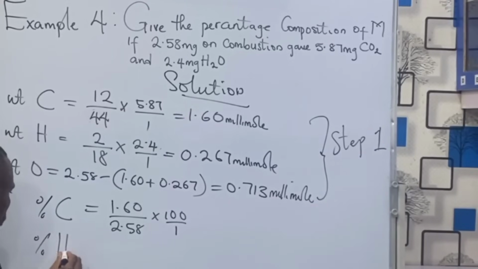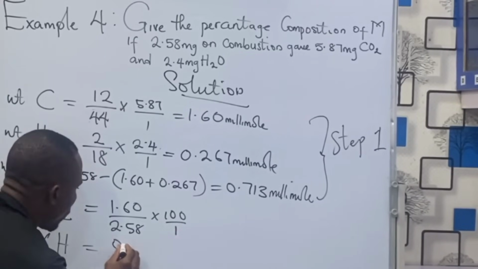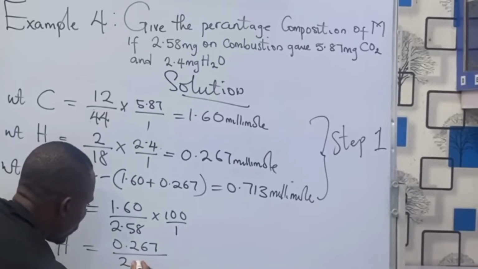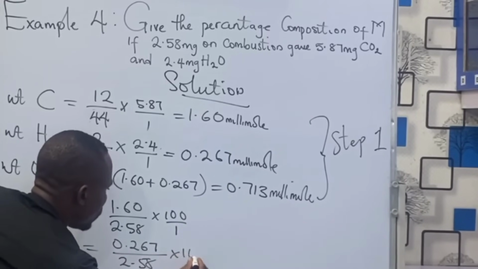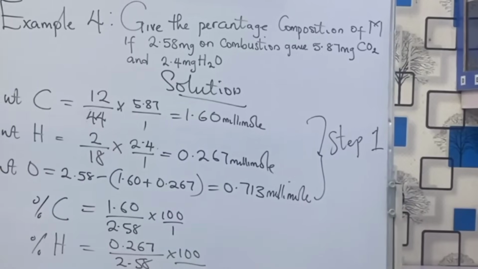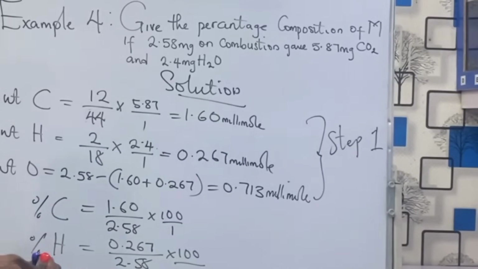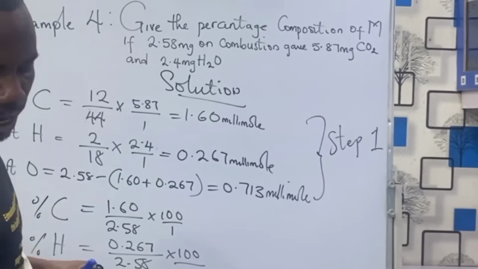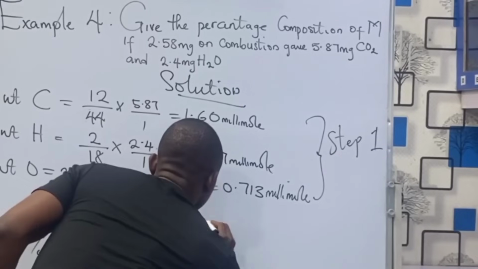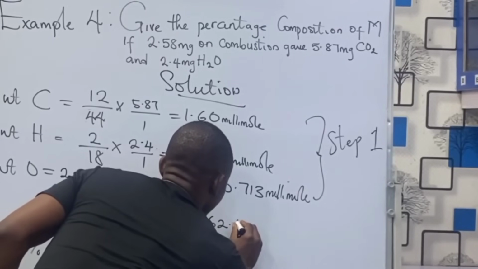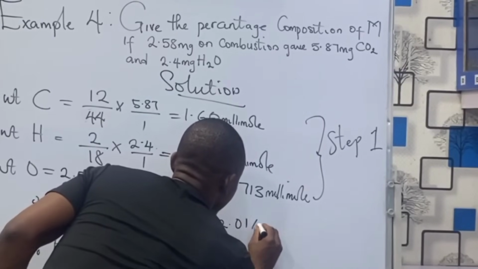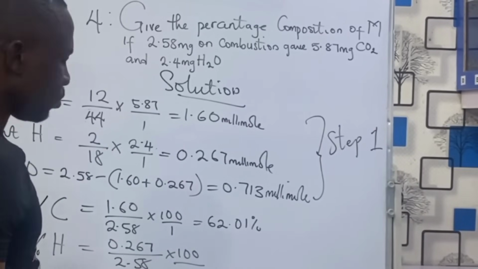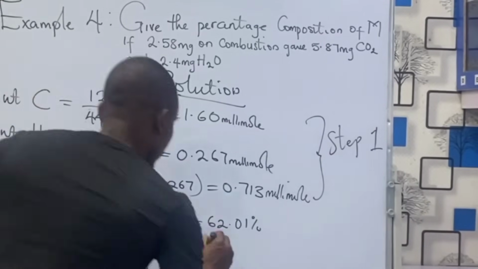Same for hydrogen: 0.267 divided by 2.58 times 100. Do that mathematically, and the percentage of carbon is 62.01% and that of hydrogen is 10.34%.